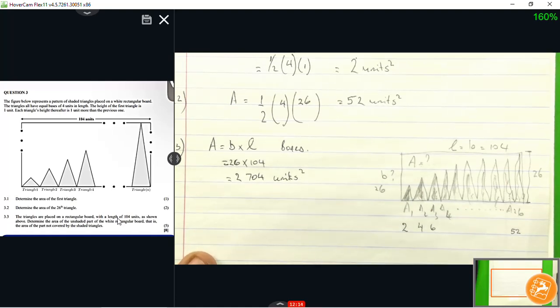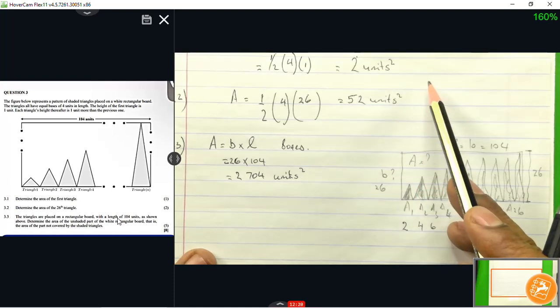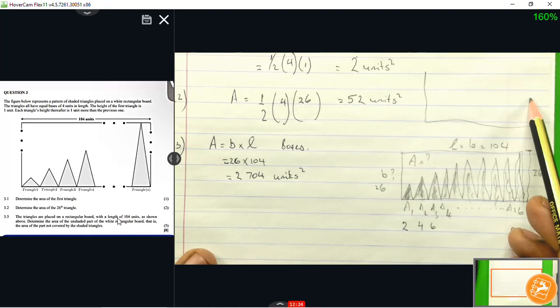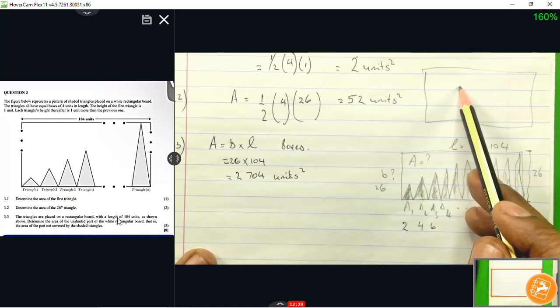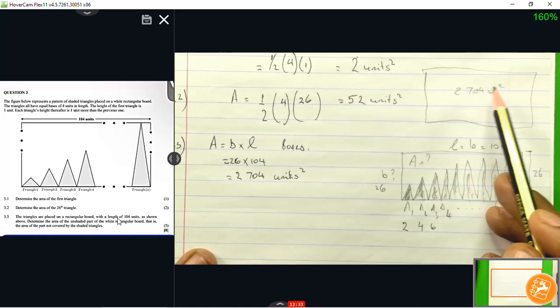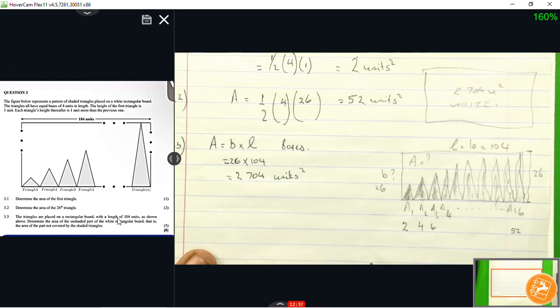So it means this entire board, the whole white board, is 2704 units squared. The entire space is white.